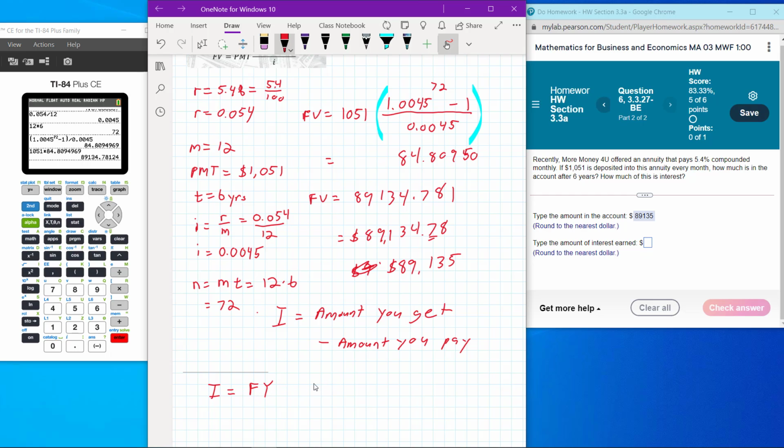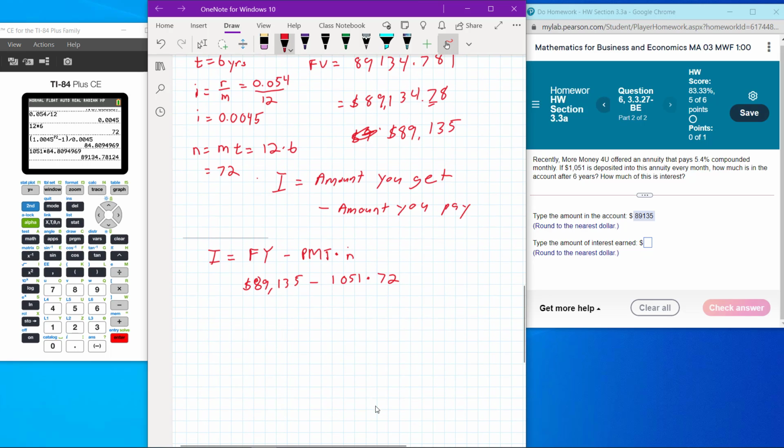The amount you paid, well, you paid the amount, we're going to call it payment, and you made that payment n times, which is 72, so payment times n. Now in our particular case, the future value is 89,135. The total number of payments is equal to our monthly payment, which is 1,051, times the number of payments, which is 72.